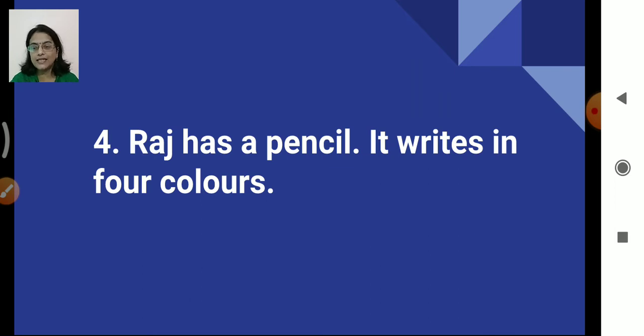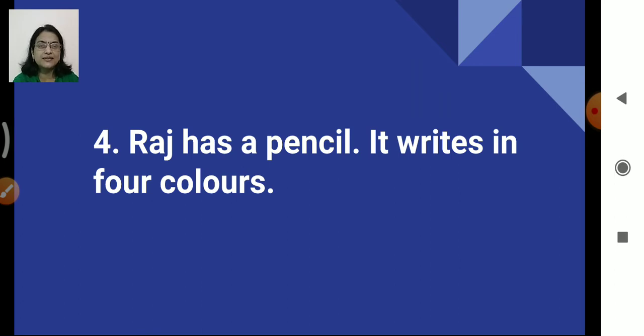Now the fourth sentence. Raj has a pencil. It writes in 4 colors. So what will be the answer? Raj has a pencil. We'll remove what? It, and what are we going to add there? Which. We'll also remove the full stop, right? So Raj has a pencil which writes in 4 colors, right?